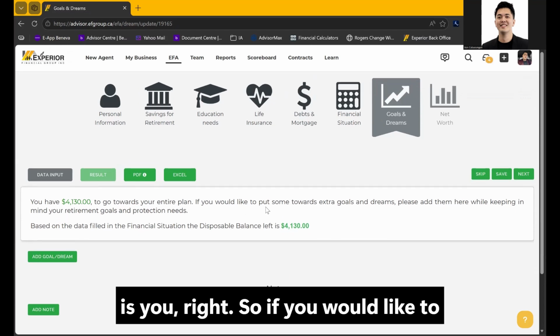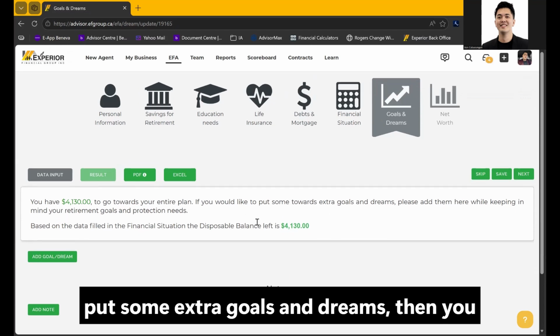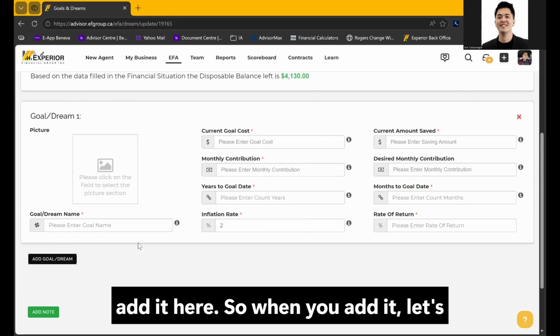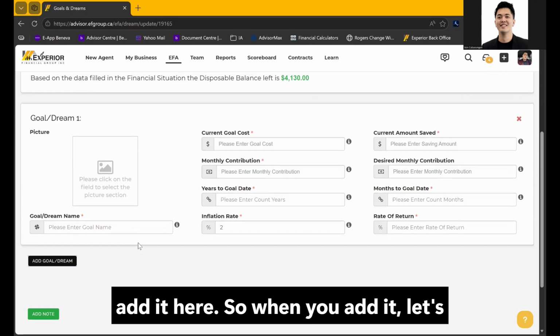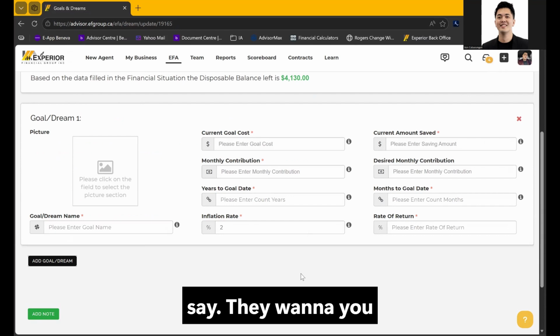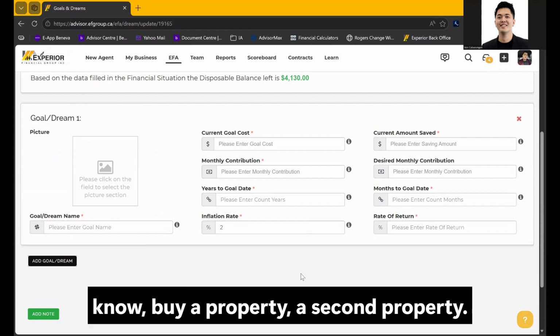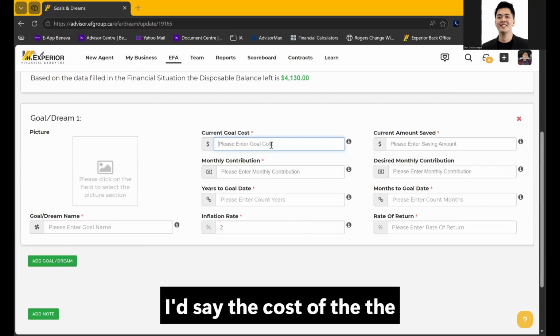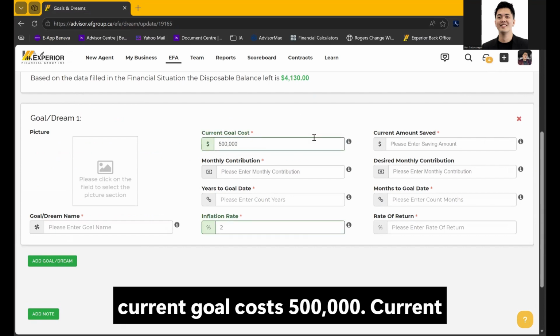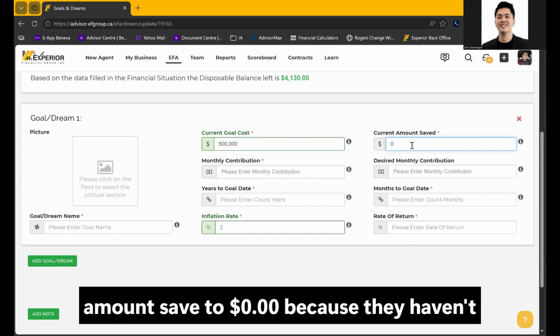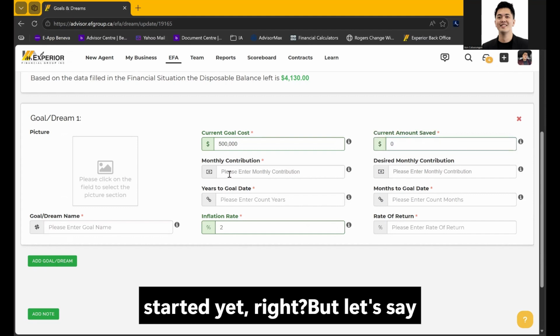So if you would like to put some extra goals and dreams, then you add it here. So when you add it, let's say they want to buy a property, a second property. Let's say the current goal cost is $500,000. Current amount saved is $0 because they haven't started yet, right?